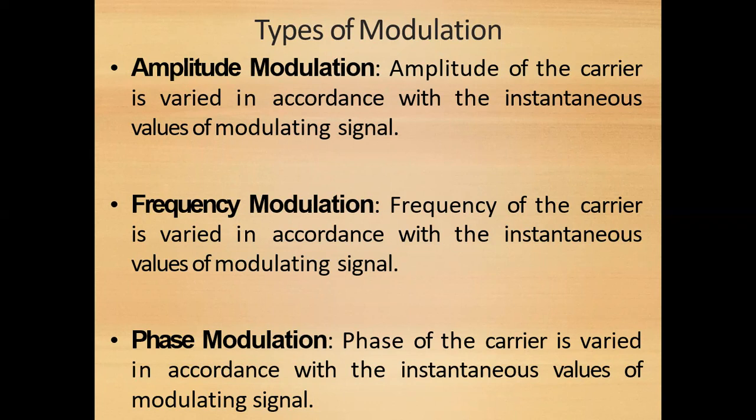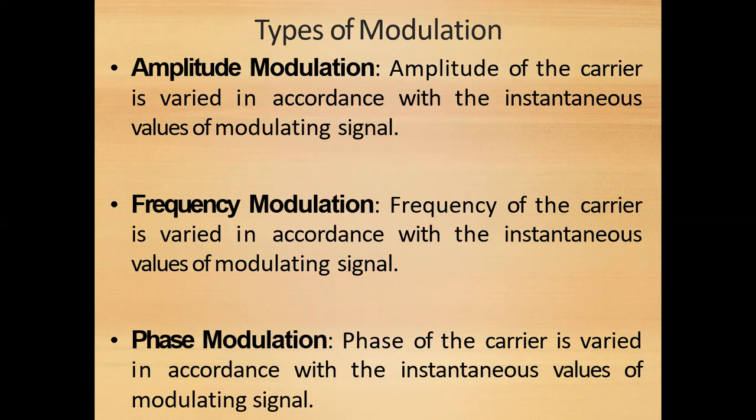If it is amplitude modulation, the remaining characteristics like frequency and phase will remain constant, only the amplitude will vary. But in angle modulation techniques like frequency modulation and phase modulation, the amplitude remains constant.